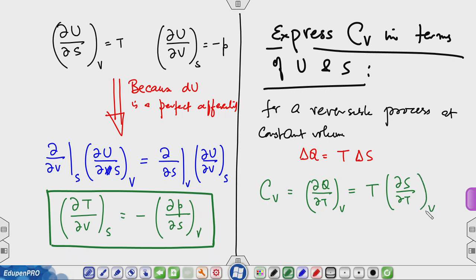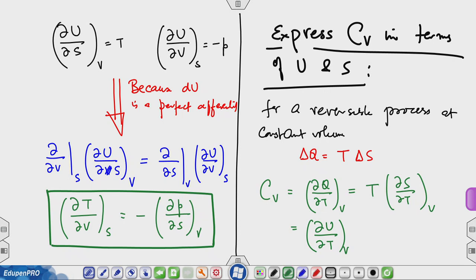And since volume is constant, the first term is also dU/dT at V. So, we have gotten two expressions for Cv.